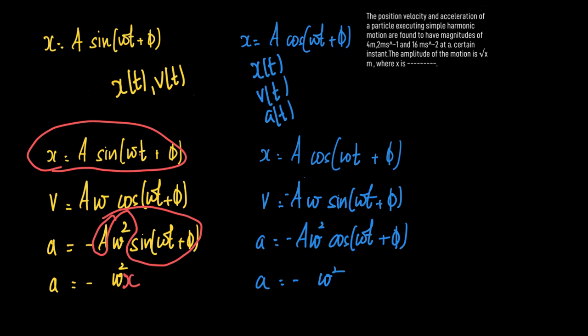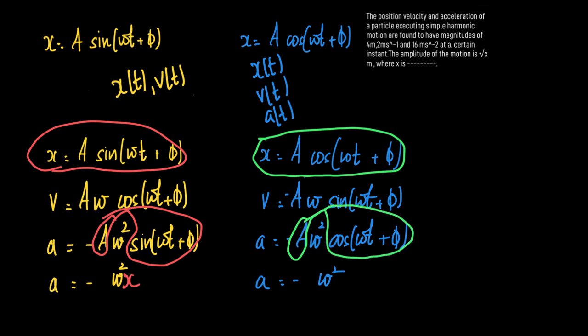Similarly, x is equal to a cos omega t plus phi, and acceleration is a cos omega t plus phi times minus omega square. So this becomes a is equal to minus omega square x. Very similar to what we did in the previous solution.